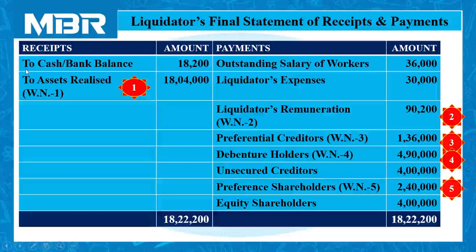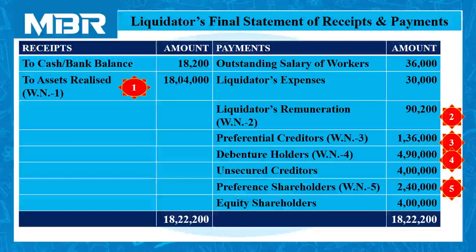The first item is cash and bank balance. You can check the asset side of the balance sheet. Information regarding cash and bank balance is given as rupees 18,200 that we have inserted over here. Second, assets realized.